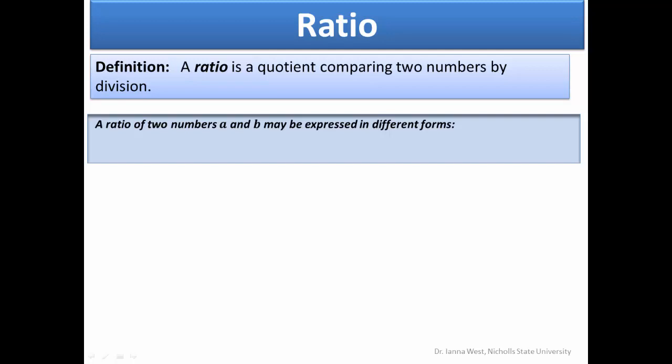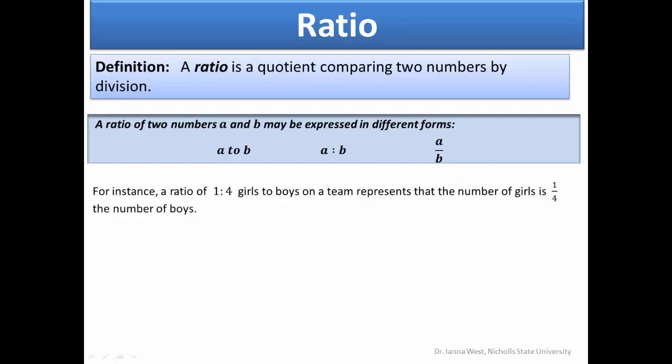We may express it as A to B, or as A:B with a colon separating the two numbers, or it may be expressed as a quotient A divided by B. For instance, a ratio of 1 to 4 girls to boys on a team represents that the number of girls is 1/4 of the number of boys.